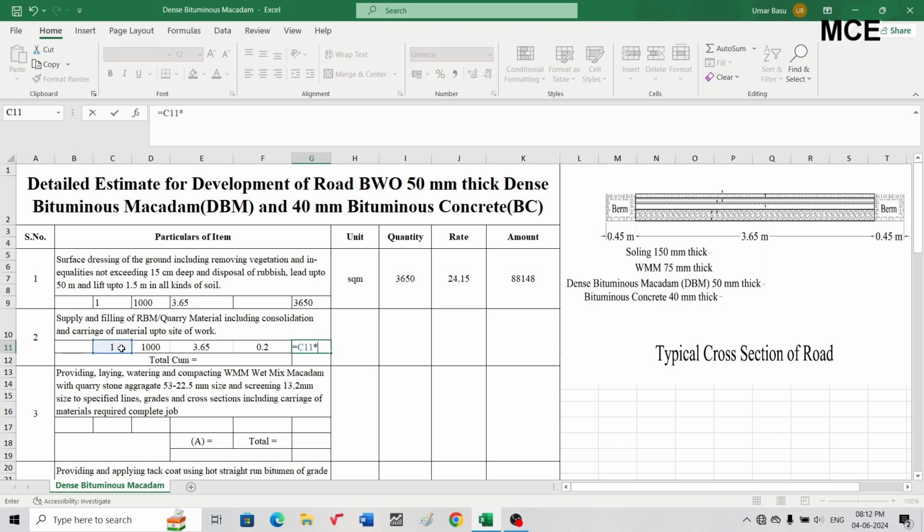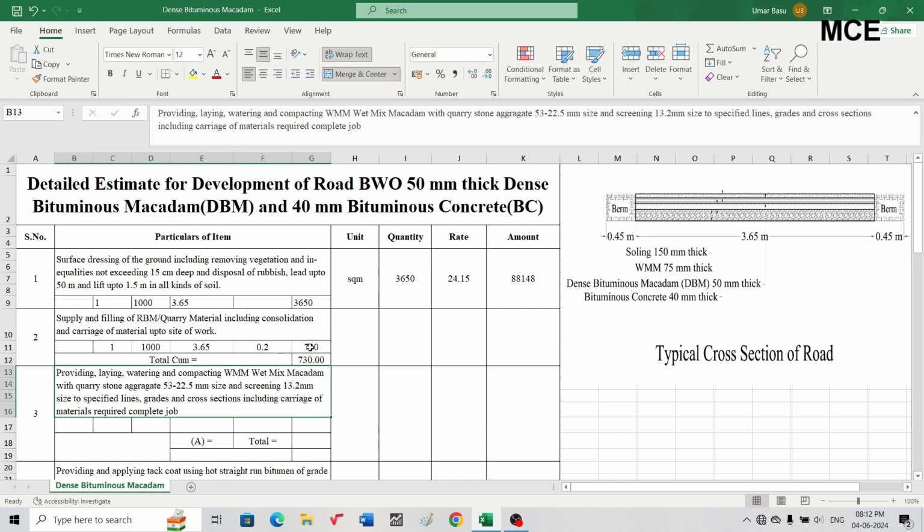Multiply 1 with 1000 with 3.65 with 0.2 and you will get the quantity, which is 730 cubic meters. So total quantity in cubic meters is 730.